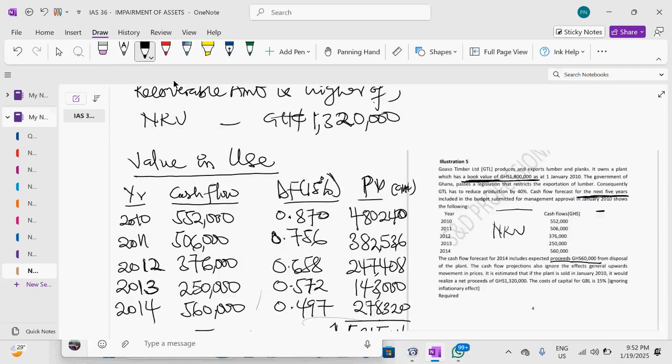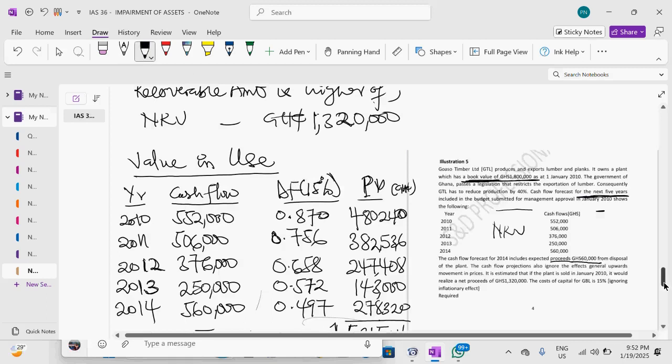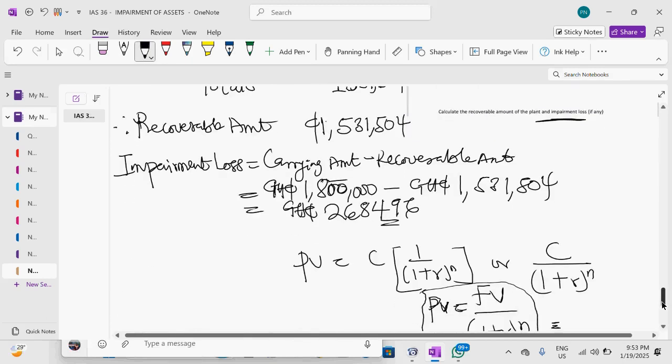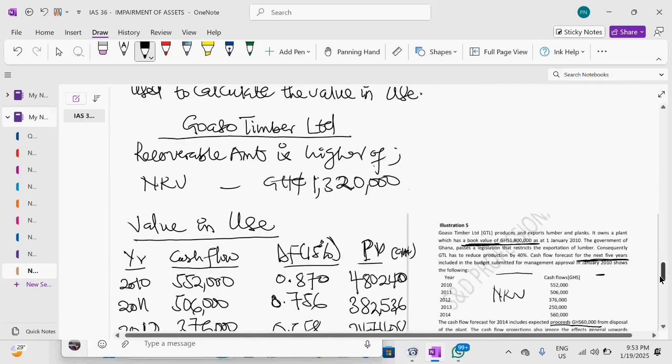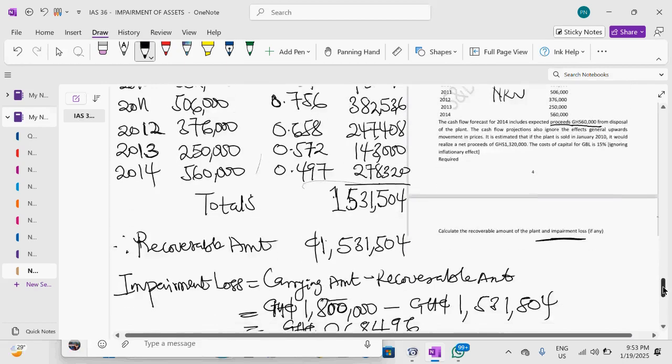I think my battery is almost off. Please, when you started the question, we wrote a recoverable amount of 1,320,000, but then we didn't use it in our solution. Why didn't I use it in my solution? I just wrote it down. Where's that recoverable amount? Is it this one? Yes.